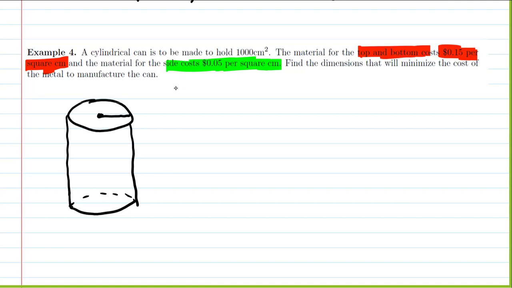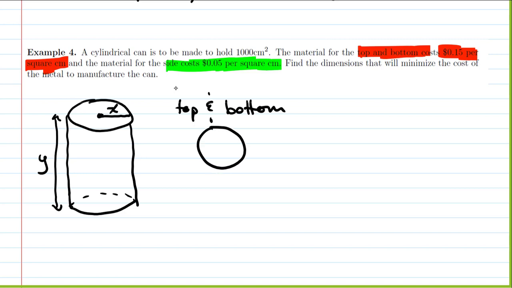If we call the radius of the circle x and the height of the can y, and we look at the top and the bottom, we would have two circles. There's my top, there's my bottom, and each of them has a radius of x. What is the area formula for a circle?